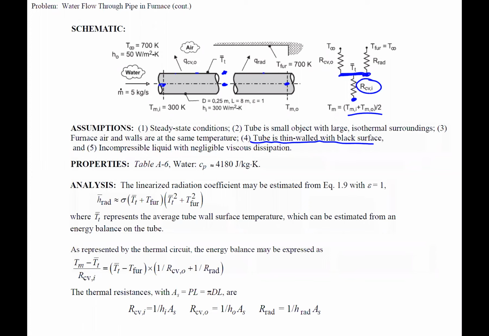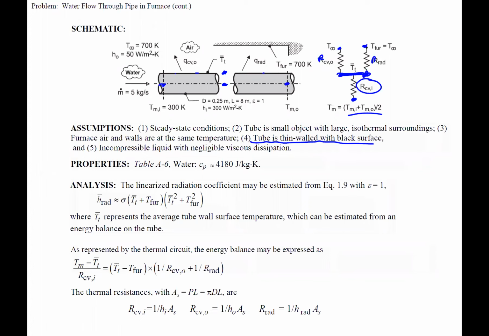So we have convection from the outside of this tube to the fluid air in the furnace, and then we have radiation from the outside of the tube to the furnace walls. We're using the R for convection resistance and the resistance for radiation in this case.